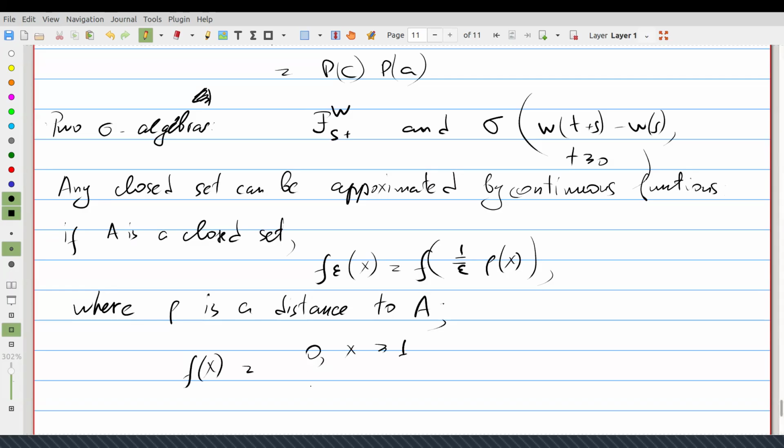It's 0 when x gets too large, and it's linear when x lies here. I will leave this as an exercise. So this is the sigma algebra generated by such random variables.